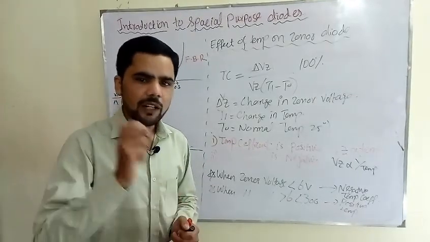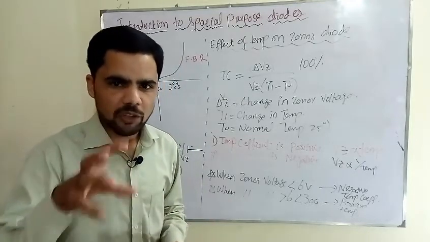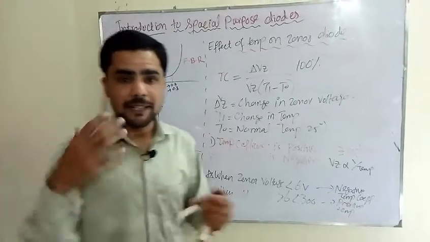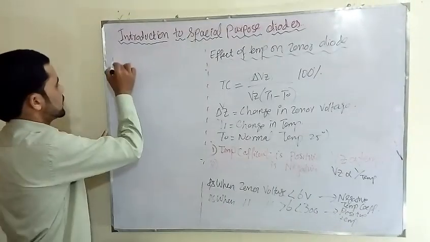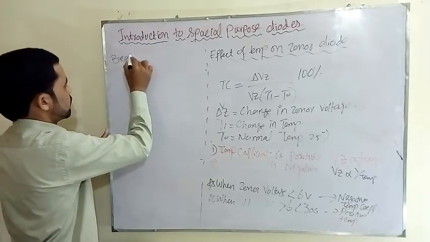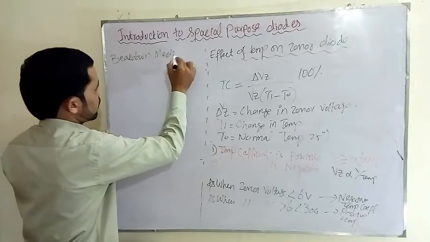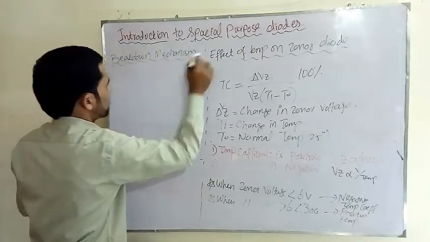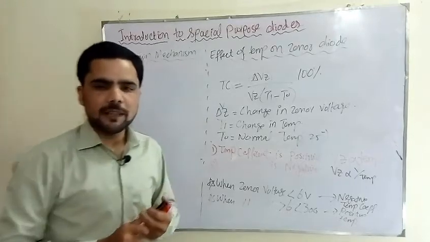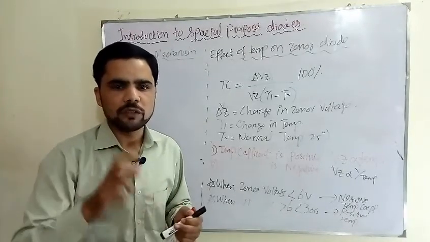Now we will see the basic breakdown mechanism of the Zener voltage. There are two types of breakdown mechanisms for a Zener diode.